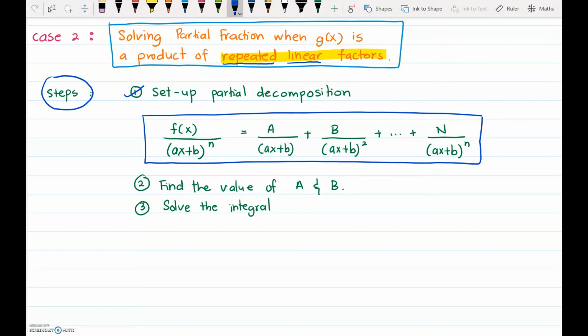If we have f(x) over (ax plus b) to the power of n, look here, we have power of n. That means the factor is repeated.